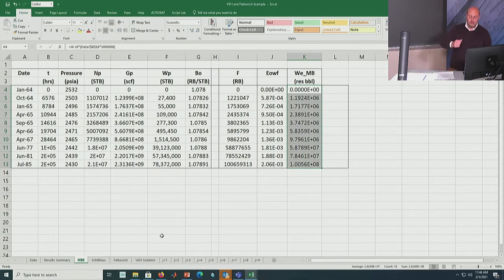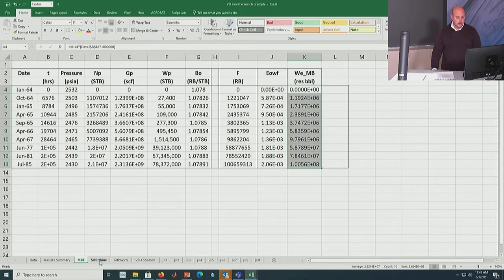But the key point in here is that now I've got at least three different ways to calculate the cumulative water influx with time. One of them is the material balance equation. Another is the Fetkovich method, which we did the first part of this class. And the last is the VEH solution, which I did in part earlier this week or last Friday.